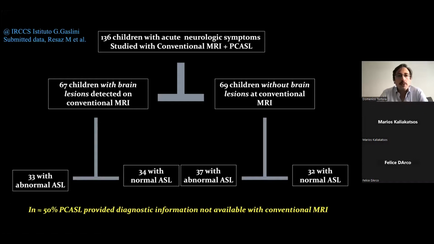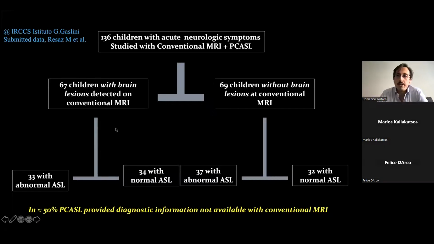We found 136 children and started with both conventional MR sequences and pseudo-continuous arterial spin labeling. 67 children showed a brain lesion detected on conventional MRI, while 69 children had no brain lesion on conventional MRI. Of this second group, 37 presented abnormal ASL.